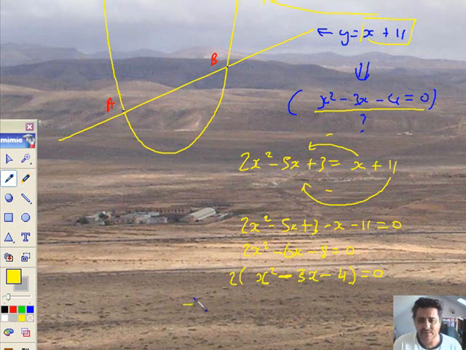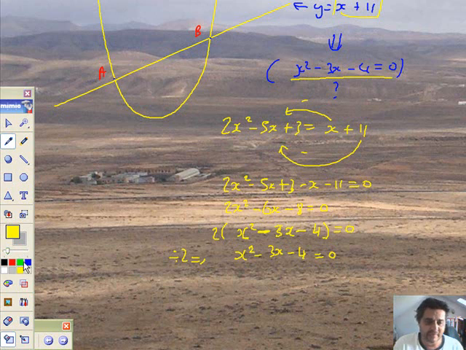Again, if I divide both sides by 2, I'm going to get x squared minus 3x minus 4 equals 0. So I've actually arrived at what they said. Now I can go and factorise it.